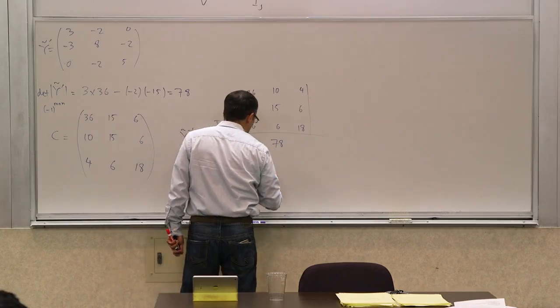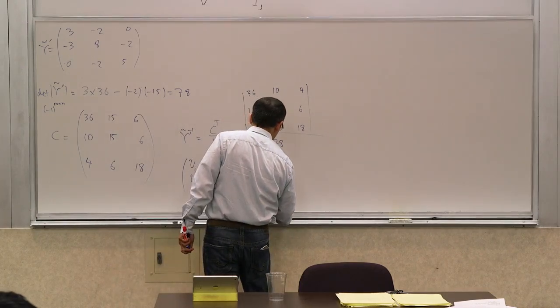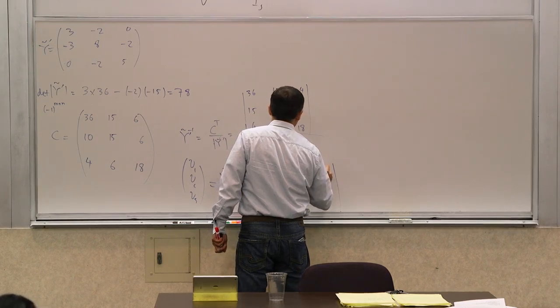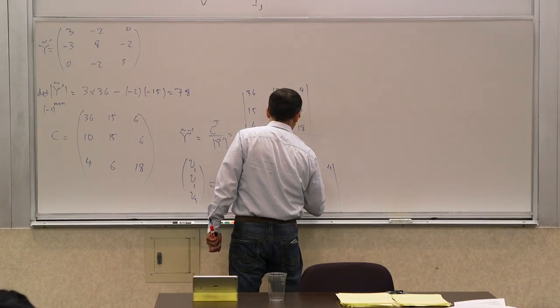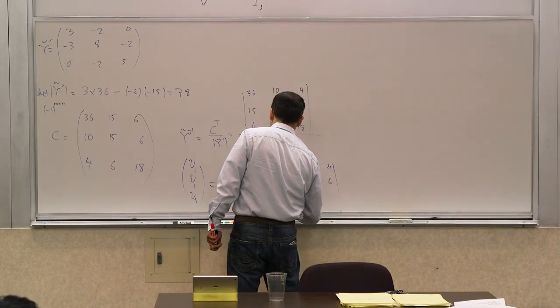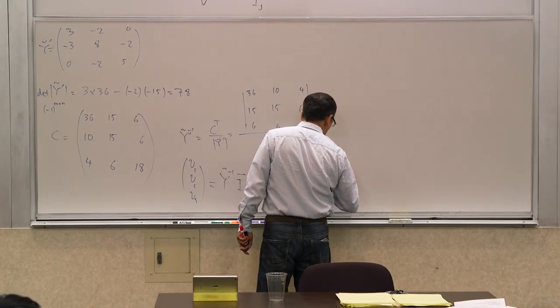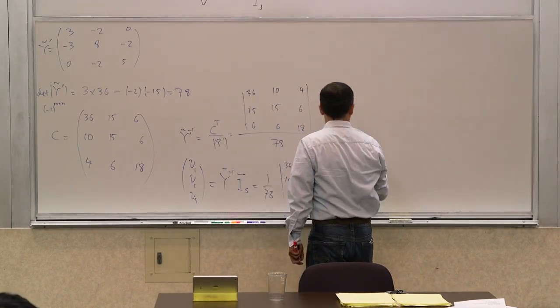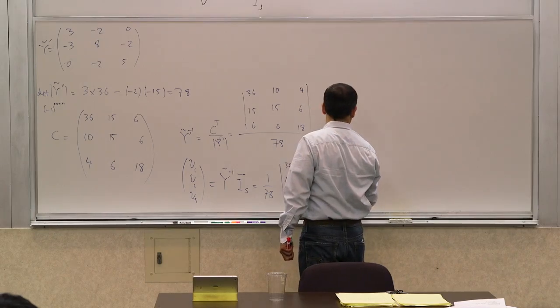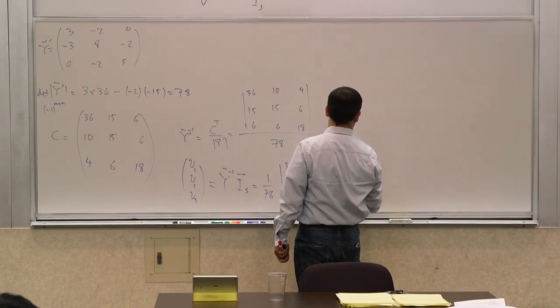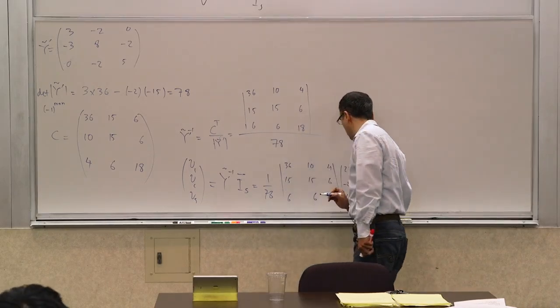Which is going to be 1 over 78 times this matrix times the stimuli vector that we created, the new one, 28, negative 24, and 42.